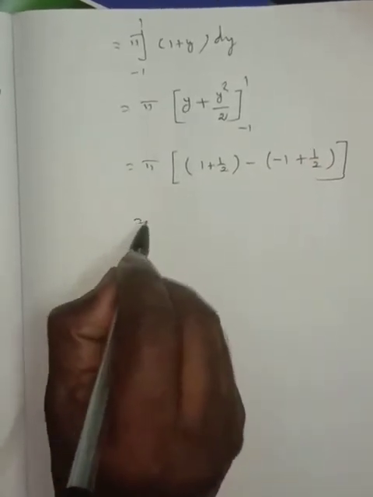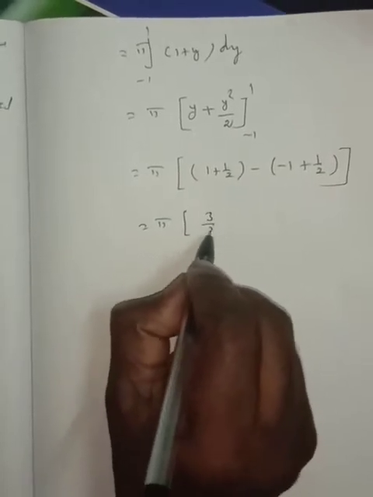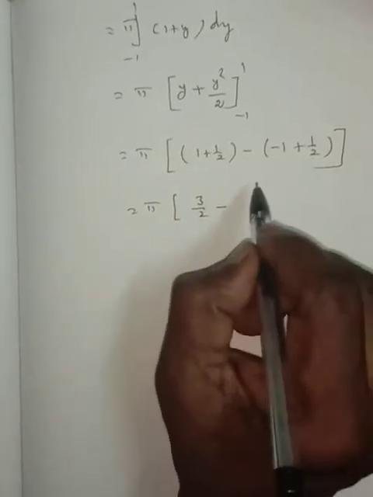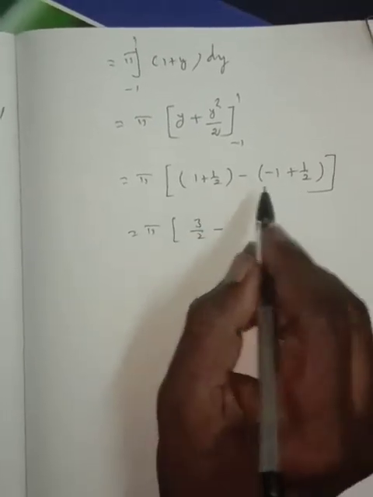This is equal to pi, 3 by 2 minus, 1 by 2 minus 1 is minus 1 by 2.